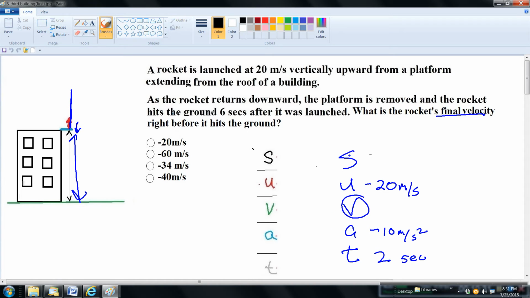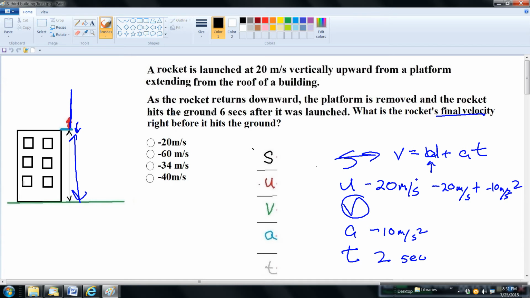So we'll circle that, draw a line through that, and then we'll use this equation where v is equal to u plus at. So let's plug the information in. We've got minus 20 meters per second plus minus 10 meters per second squared times 2 seconds.